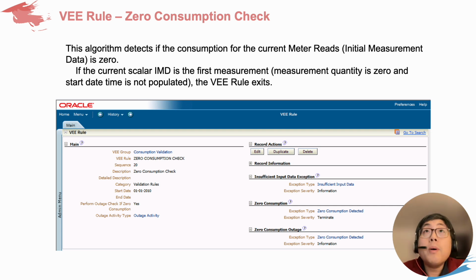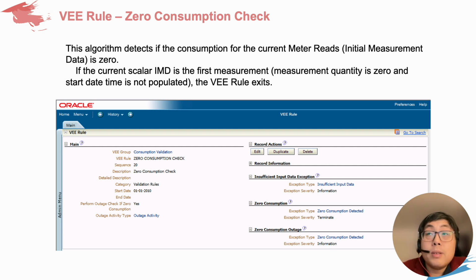Now, the second one is the zero consumption check. Well, that's even easier than the high-load check because it will basically check whether the consumption is empty. One concept here is that a lot of people think the consumption check is the reading check. No, that's actually not the reading check.